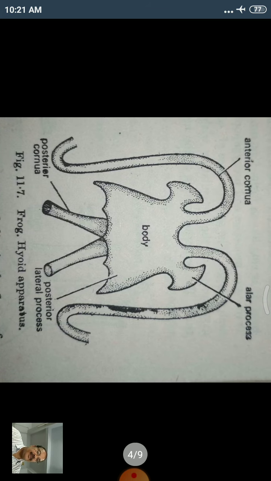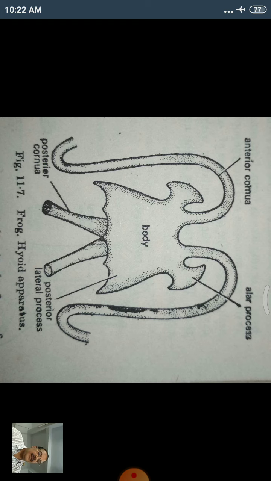Next one is the hyoid apparatus of frog. Hyoid has a thin body made up of cartilage. It is produced in front into two alar processes and behind into two posterior processes.